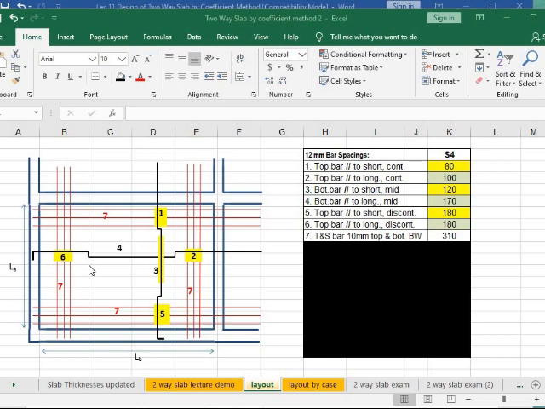And then, here in the longitudinal bars, remember that these are bars 2, 4, 6.